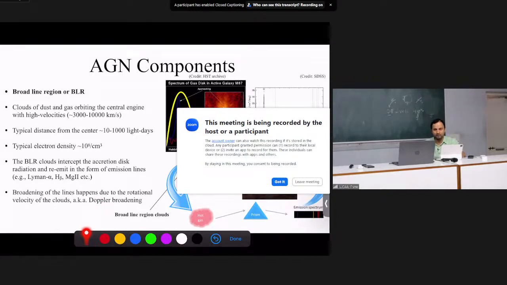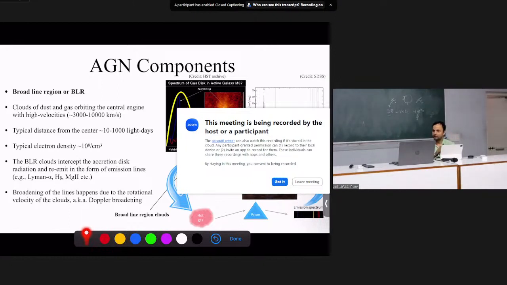In these orbiting clouds, some clouds will be moving towards you and some clouds will be moving away from you. The clouds moving away from you will have their line slightly redshifted. Okay? And the line emitted by the gas moving towards you will be slightly blueshifted.